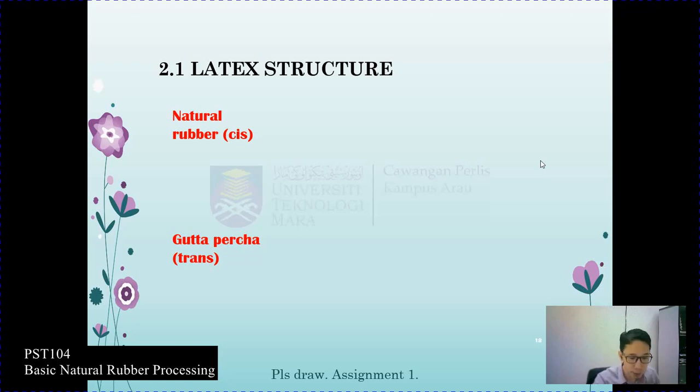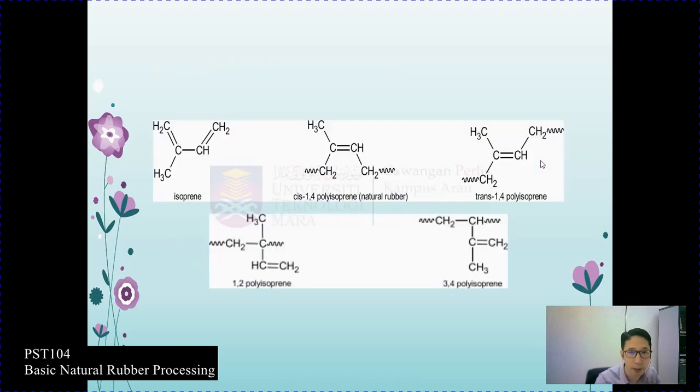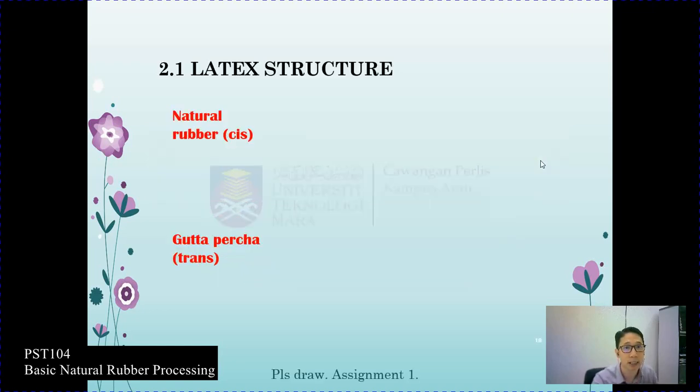So I hope you can memorize and practice drawing this structure, or else during the test you cannot draw the actual isoprene, cis-1,4 isoprene.